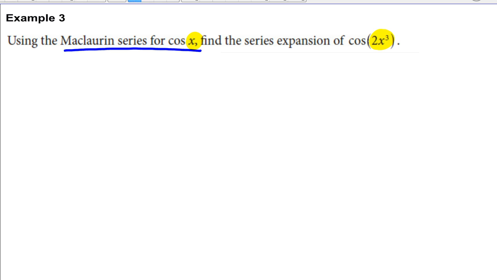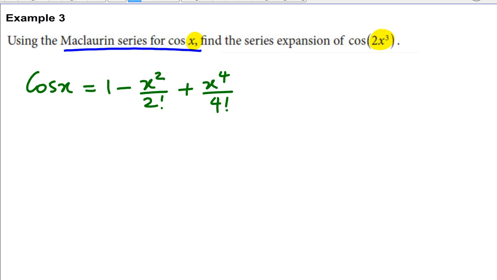We know that the Maclaurin series expansion for cos x will be 1 minus x squared over 2 factorial plus x to the power 4 over 4 factorial minus x to the power 6 over 6 factorial, and so on and so forth. That series goes up to infinity.